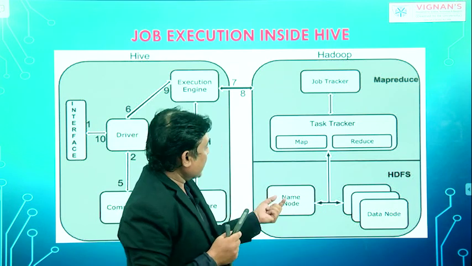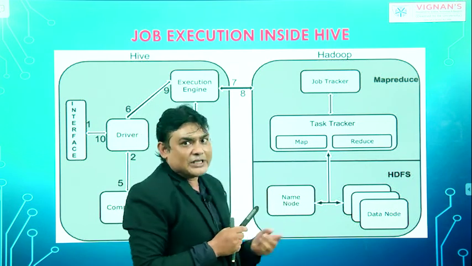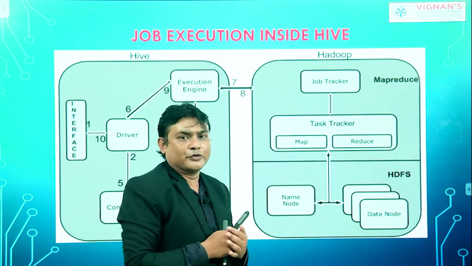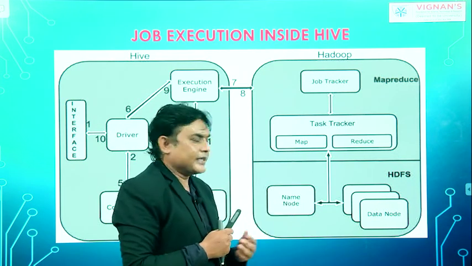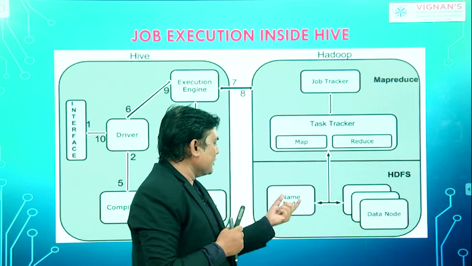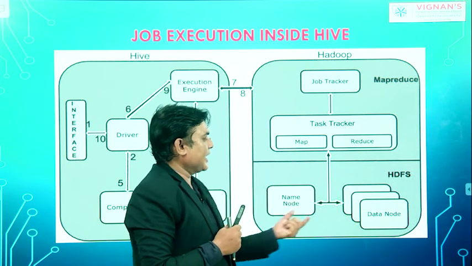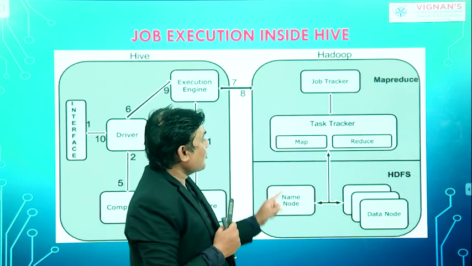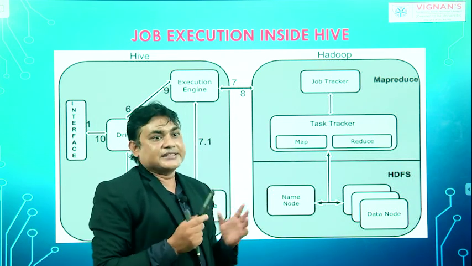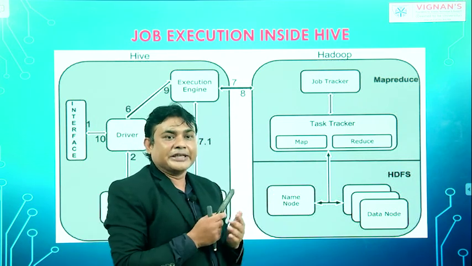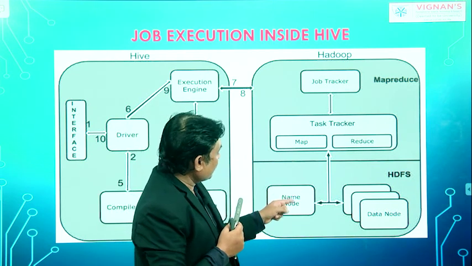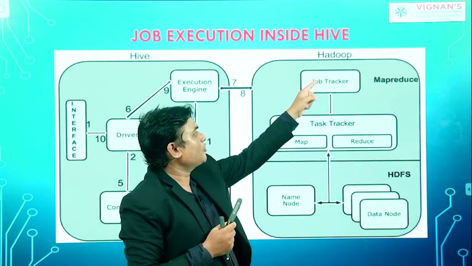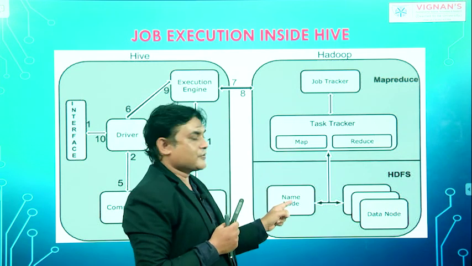Okay, here we have a name node. In HDFS also we have two types of node. One is called the name node, the second is called the data node. The name node is called the master, and the data node is called the slave. Here the masters can communicate with each other, and slaves can communicate with each other. It means that the name node can communicate with the job tracker, because the job tracker is also a master and the name node is also a master.